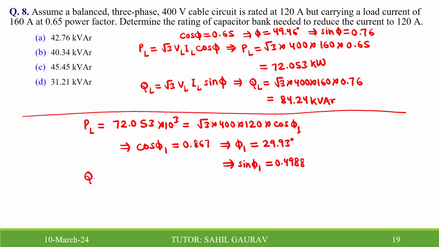So the new QL dash, the reactive power flowing through the cable, will be root 3 times 400 into 120, sin phi 1 will be 0.4988. So it will become 441.476 kVAR.